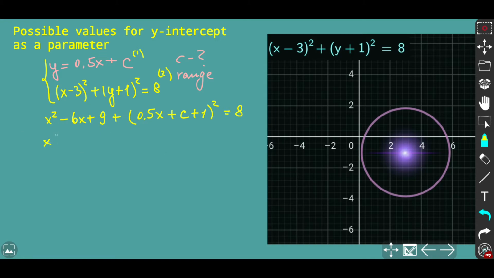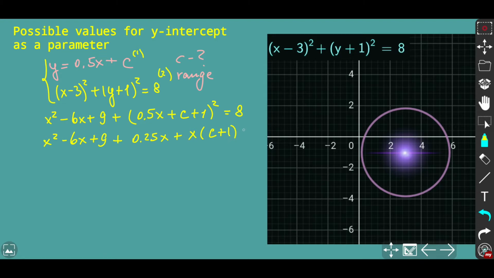x squared minus 6x plus 9. Here, I square this up and I'll get 0.25x squared. Then I consider c plus 1 as just one part of the binomial, basically another number, and I multiply by 2, so there's going to be x times (c + 1).